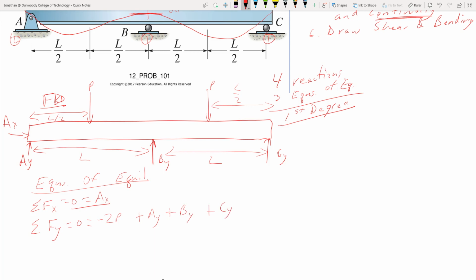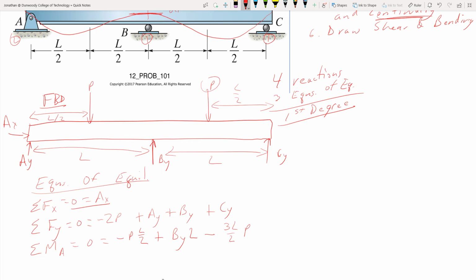And now if we do our moments around A, those have to add up to be 0. So I get, from this applied force, P times L over 2, and that's going to give us a negative moment. So negative P times L over 2. Then BY is acting at L, and that's a positive moment. We'll be rotating counterclockwise. Then we get negative 3L over 2 times P for this guy here.